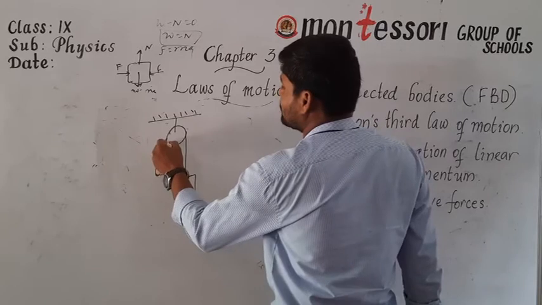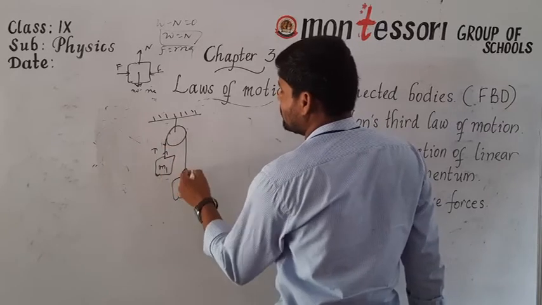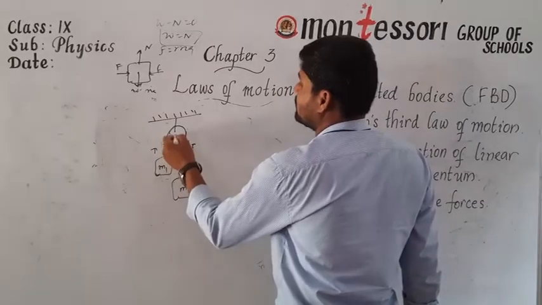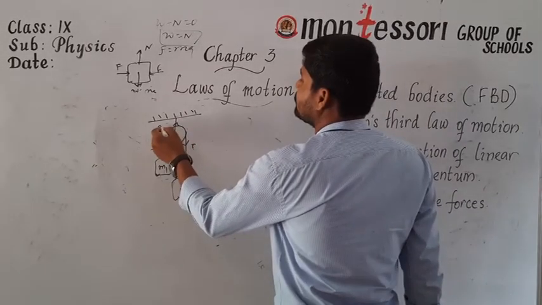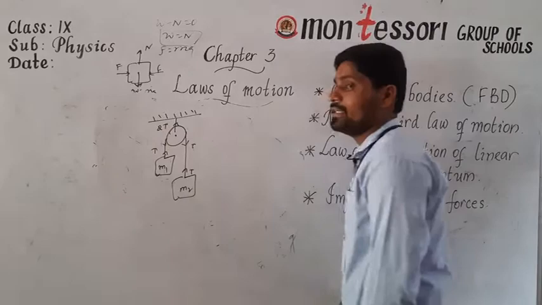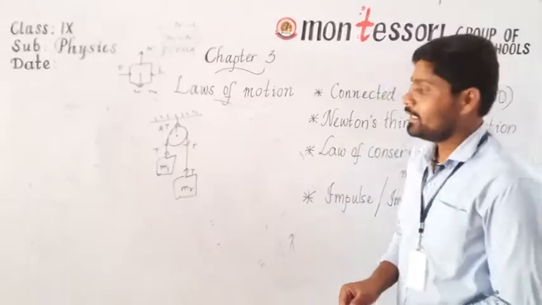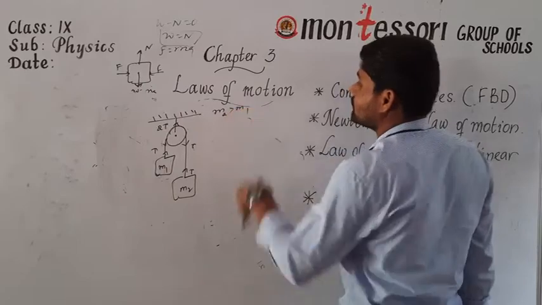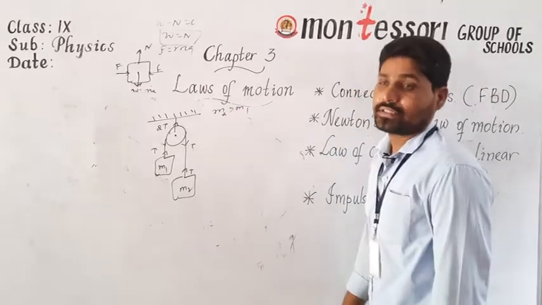Definitely the tension force T exists here, and here T. So T plus T, the total tension is 2T. Clear? Here M2 is greater than M1.